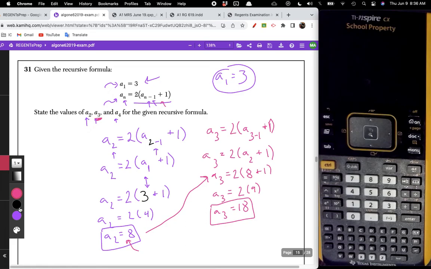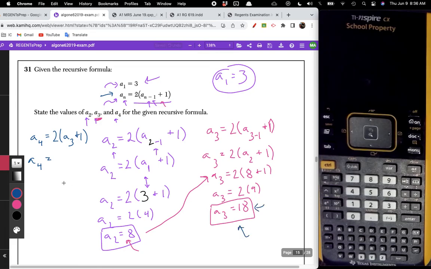Hopefully I have enough room over here to do it. Let's do this in blue. So now I'm going to try a sub 4, and I'm going to do it a little faster this time. It is going to be 2 times a sub 4 minus 1, which I know is a3, plus 1, right? We're just plugging in what the original formula tells us. And I know that a sub 3 is really the 18.